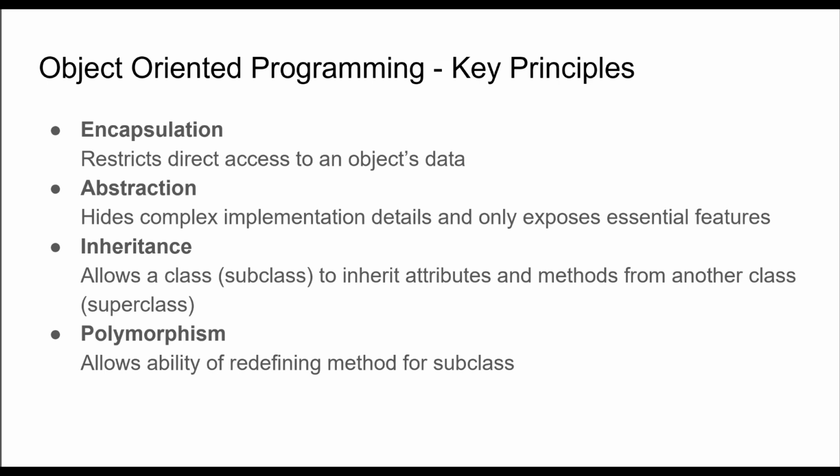So in our coding example, we will first look at the definition of a class, how to define a class in Python. Then we will go step by step into all of these key principles: encapsulation, where we restrict direct access to an object's data; abstraction, where we hide the complex implementation details and expose only the essential features; inheritance, where we create a subclass from a superclass; and polymorphism, which allows us to redefine methods for subclasses.